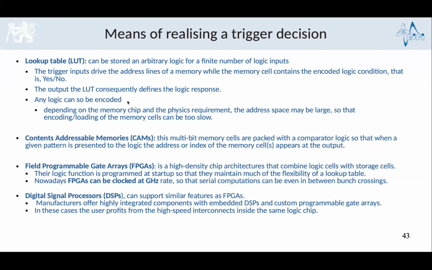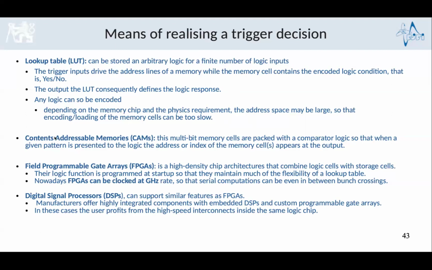Depending on what you store, these conditions stored in the memory cell will define the logic response. But the problem with this strategy is that it is too slow. To send the code to the memory and then load the memory cells is too slow for most of the applications.